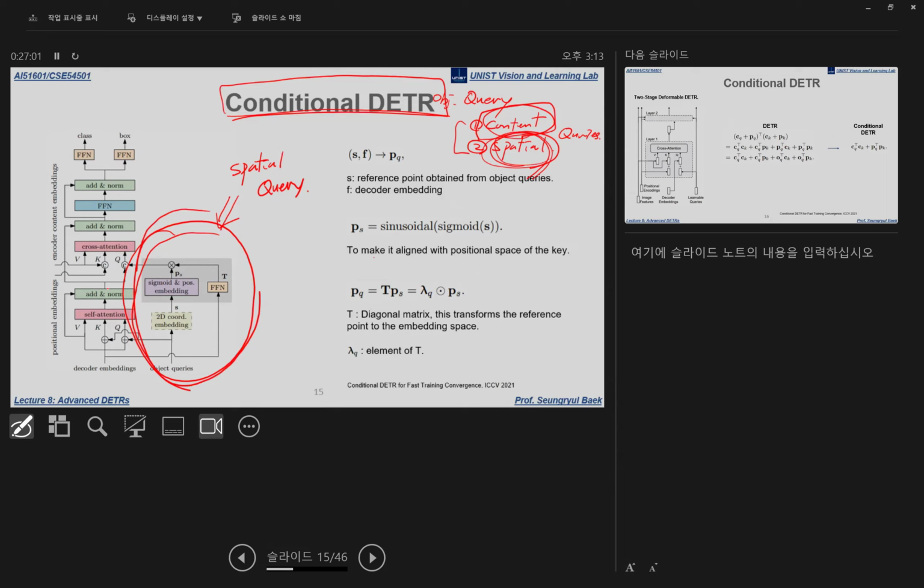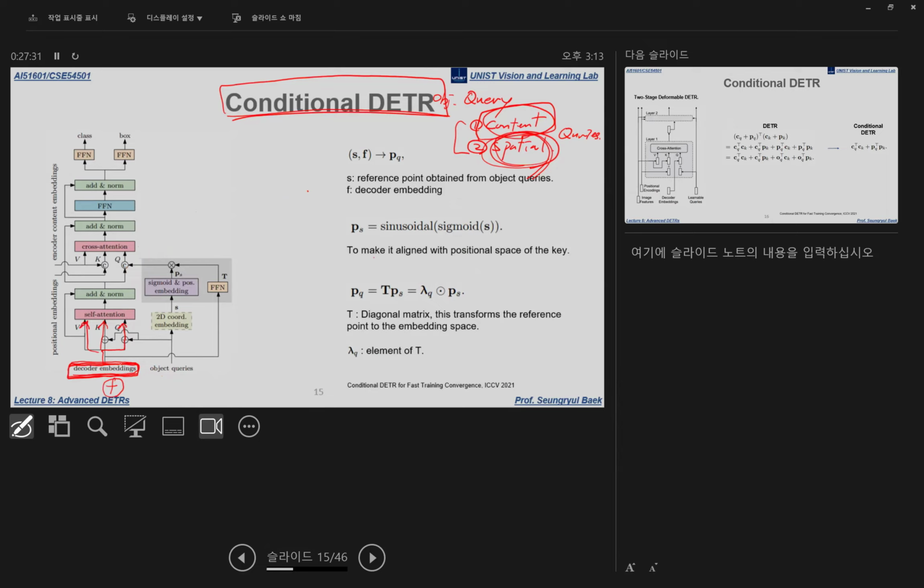And this part is proposed for making the spatial queries. So this is the previous layer's output, which is input to this another round of the self-attention mechanism. So this is the same as the previous key, query, values. Okay, so we will call that the decoder embedding.